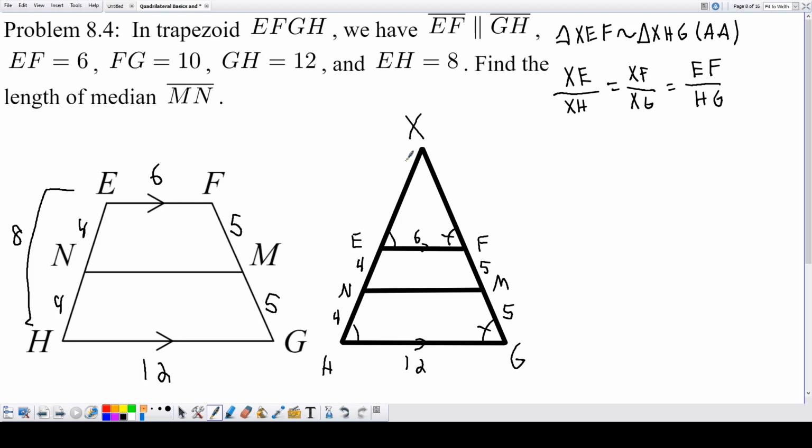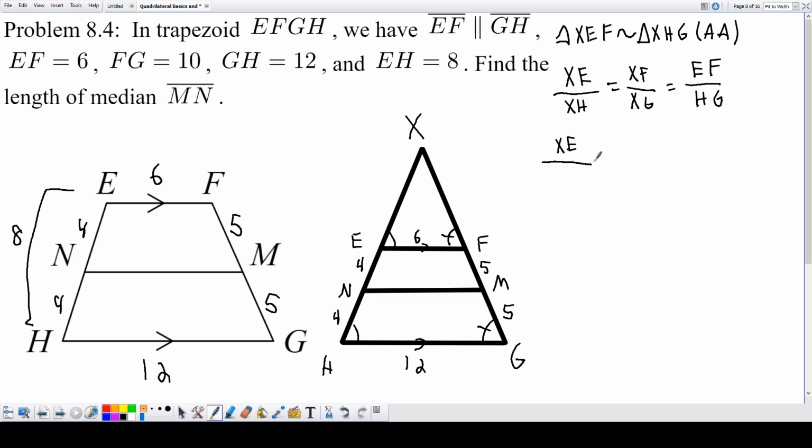Now, if I could figure out what XE and XF are, then maybe I could show that triangle XEF and XNM are proportionate. But I need to find out what those lengths are, because I have no way of showing if any of the angles at the median are the same or not. So let's try to find one of those measures.